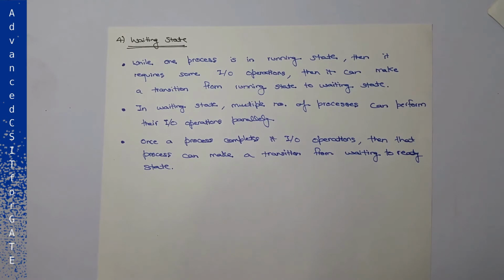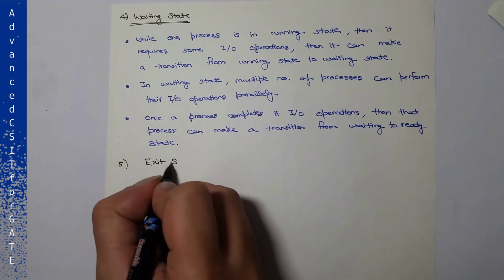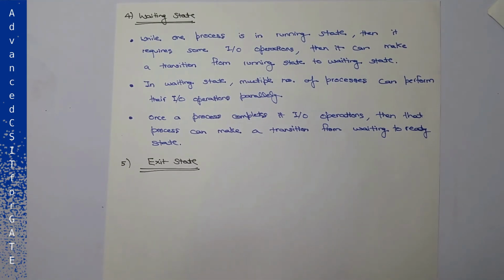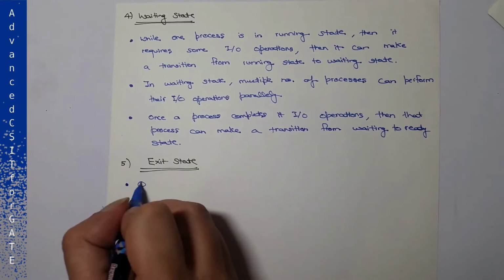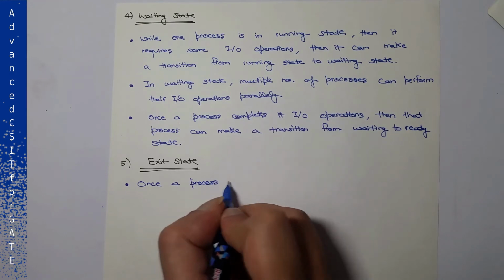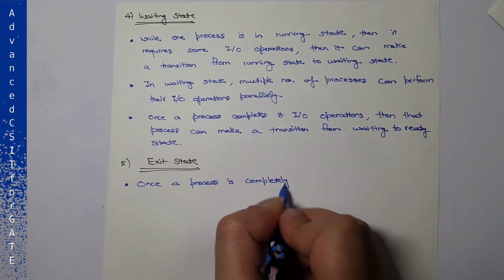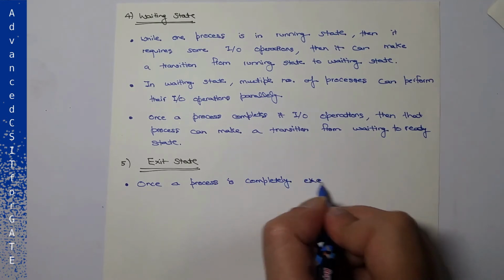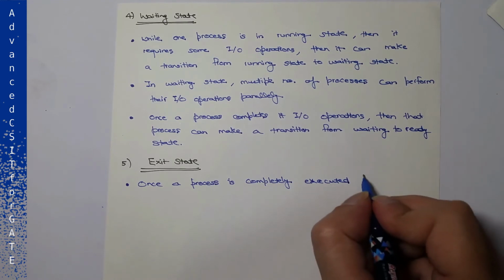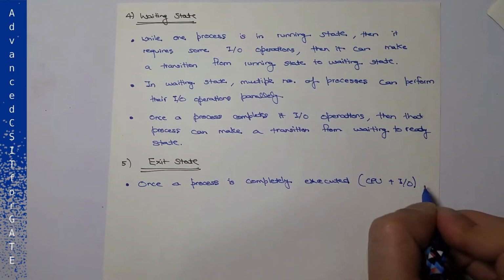Now the last state, the fifth state, is exit state. So we'll write, once a process is completely executed. We mean by completely executed as in it has completed the CPU operations plus IO operations.